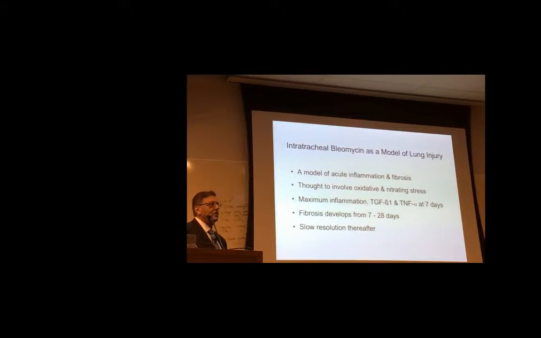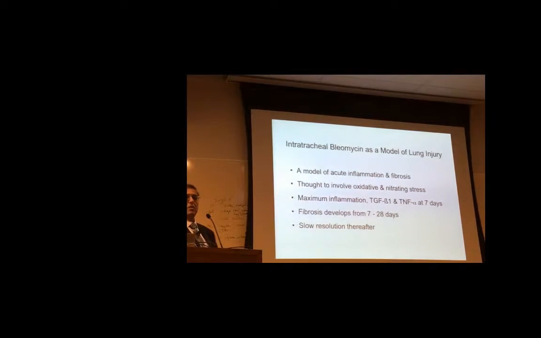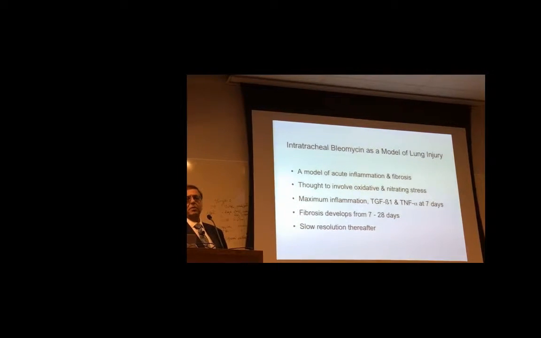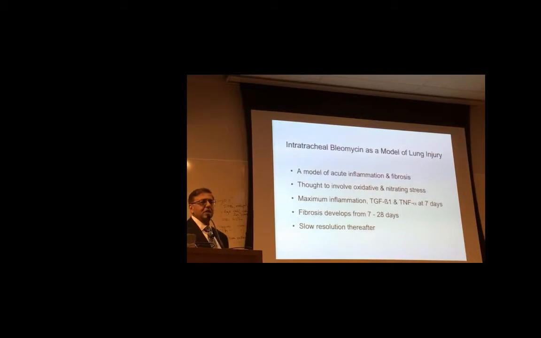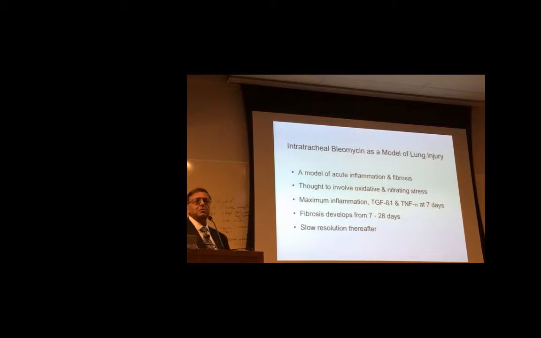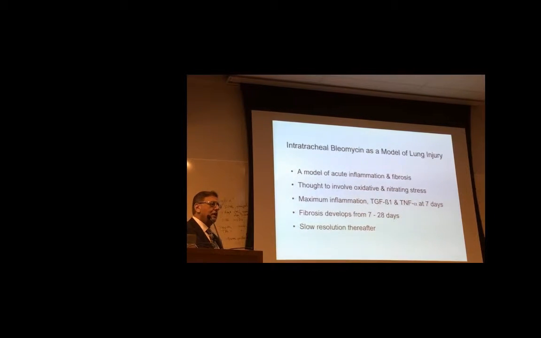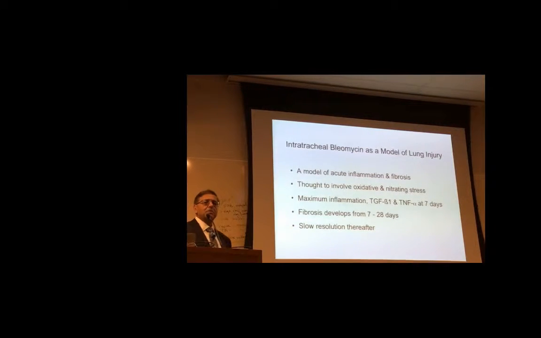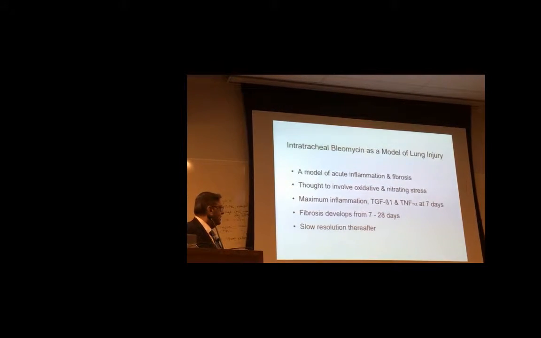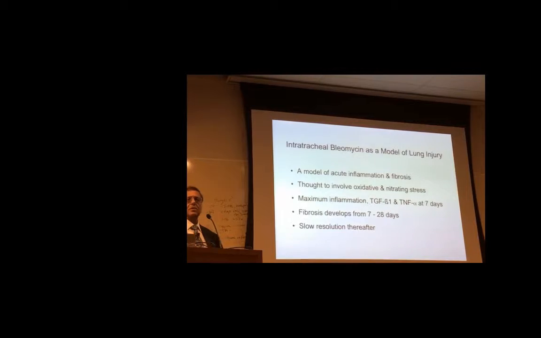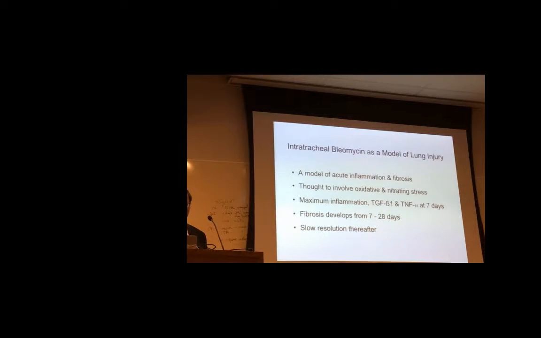So I picked the intratracheal bleomycin model, which is a model of acute lung injury and pulmonary fibrosis, but it does involve oxidative nitrogen stress. It does have an inflammatory response where TGF-beta and TNF-alpha are increased around 7 days after the intratracheal dose, and then fibrosis develops thereafter from 7 to 28 days, and there's a slow resolution. So now I could at least look at the whole system and see how this interplayed.